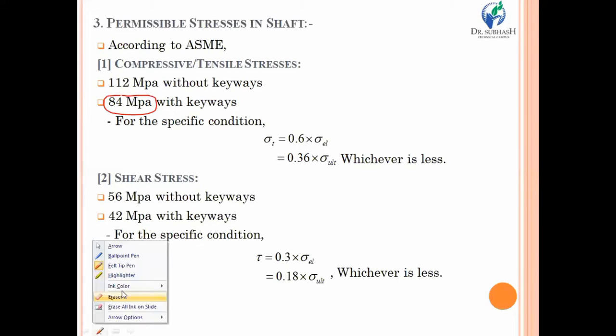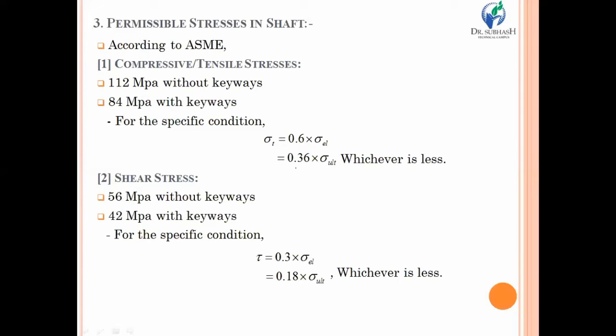But for a definite or specific condition, there is a strict relation given by ASME. Suppose you have a material and it has some elastic limit, or we can say yield limit. While designing for tensile or compressive failure, you should take 0.6 times that permissible elastic limit.